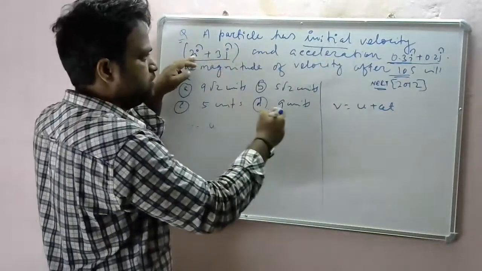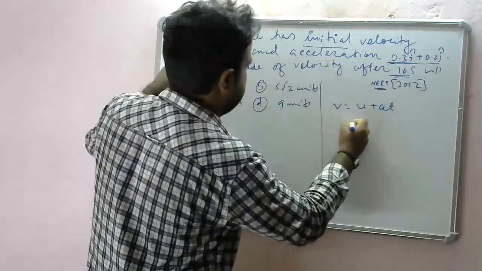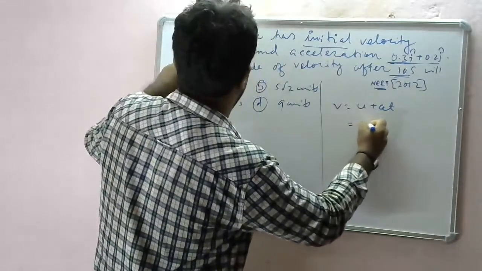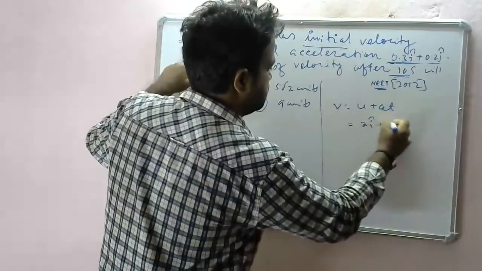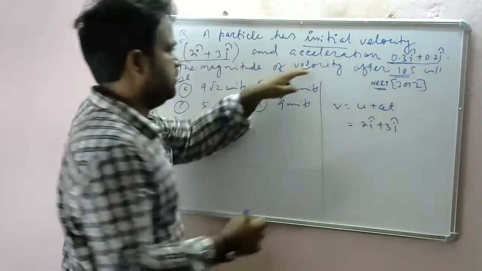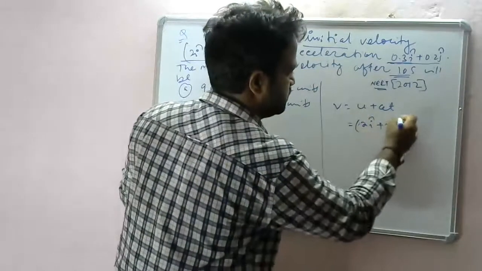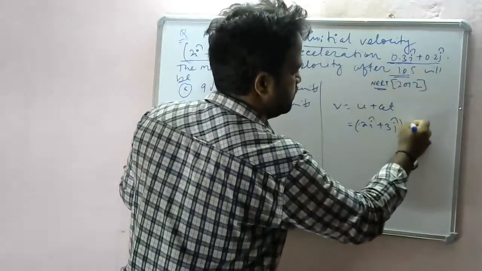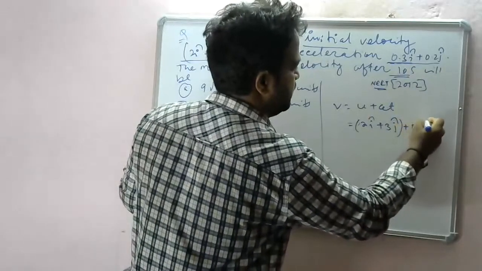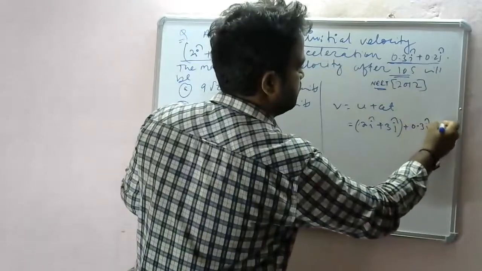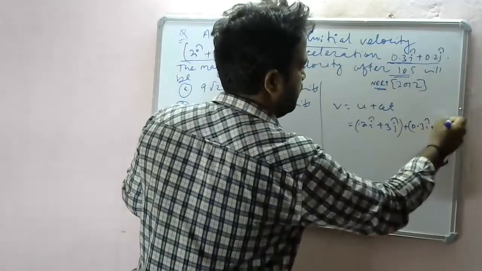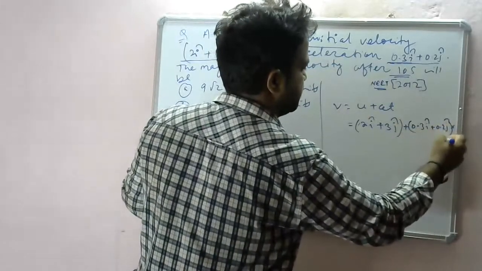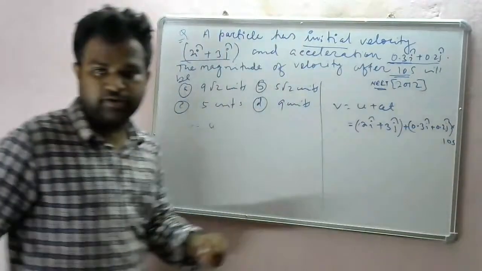So the initial velocity is 2i cap plus 3j cap. Acceleration is 0.3i cap plus 0.2j cap, into t. Time is 10 seconds. Clear?